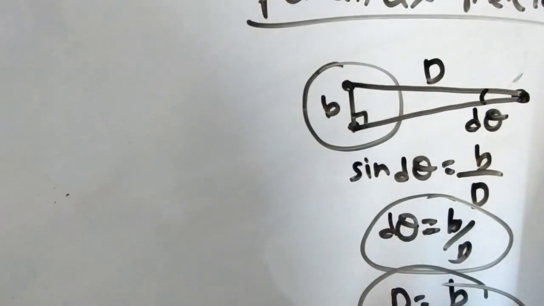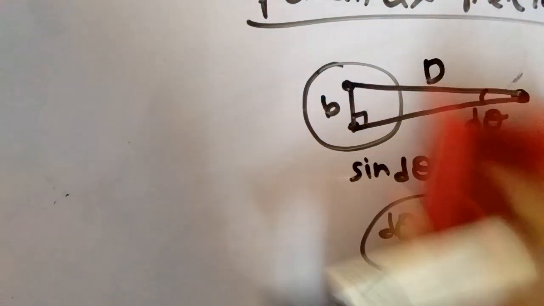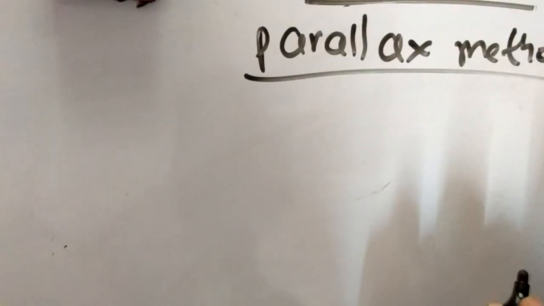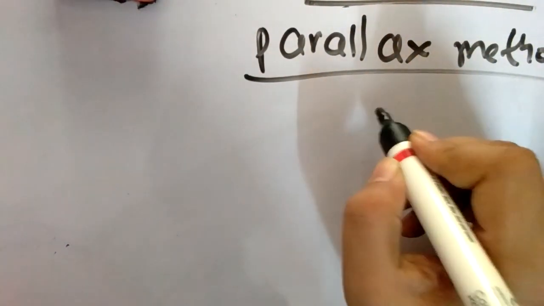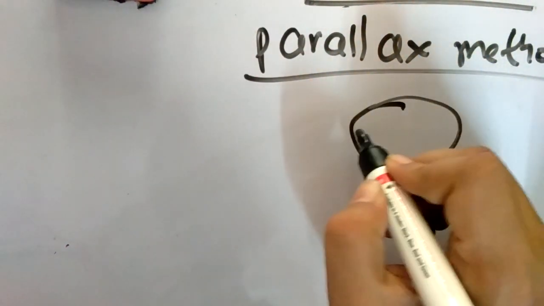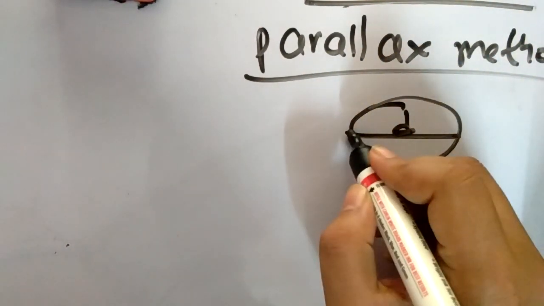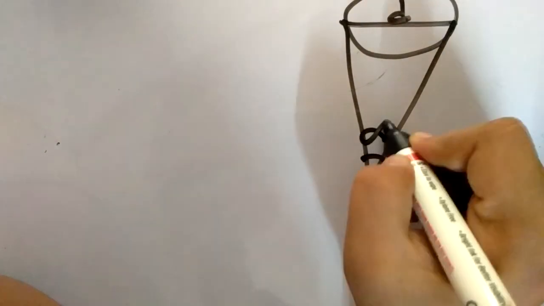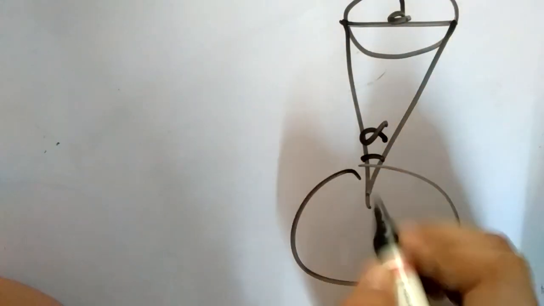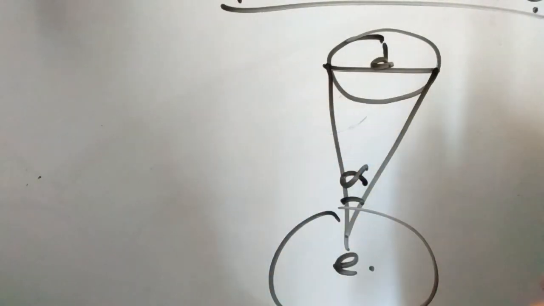Now the second is size. How can you determine the size of a star or any planet? For that, let's assume that this is that planet and this is d, the diameter of that planet, and it makes an angle, say alpha, on the Earth at this point.